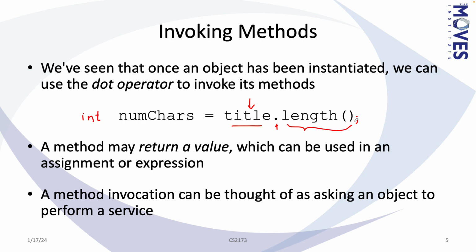Okay, so now a well-named method is going to be almost self-describing. Almost. You want it to be as descriptive as possible. So in a string, what would be your guess about what the length method does if I invoke it? It's the number of characters in that string.